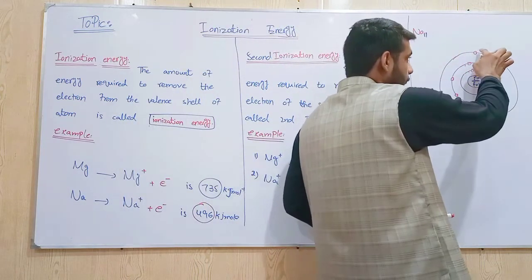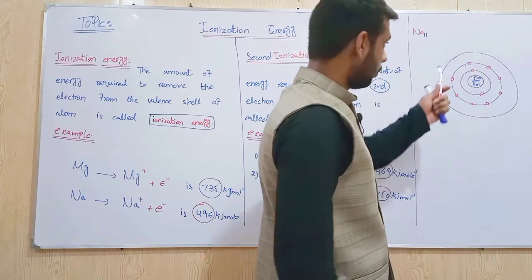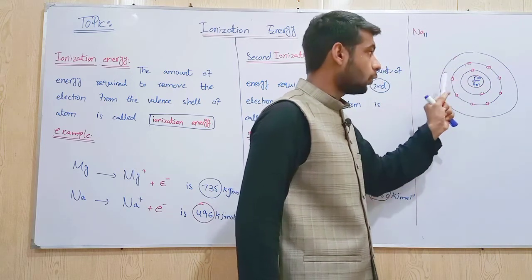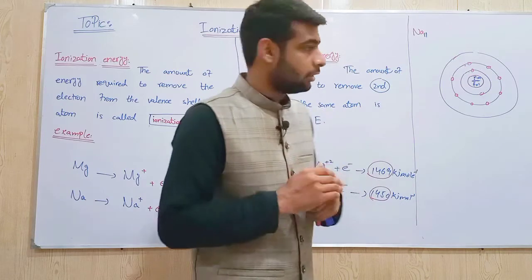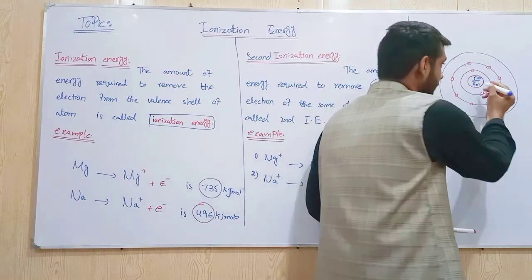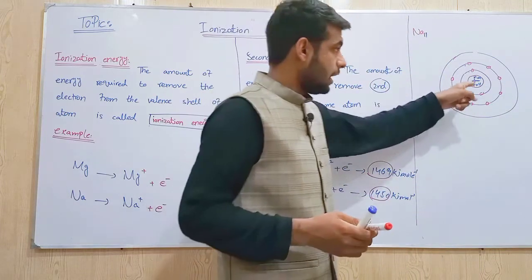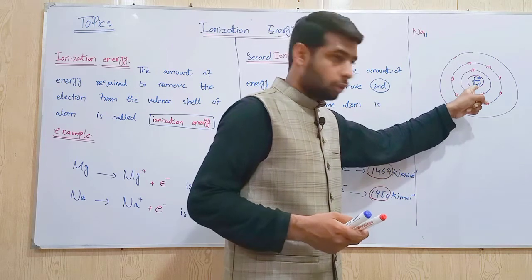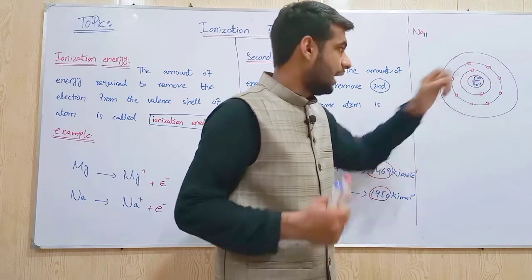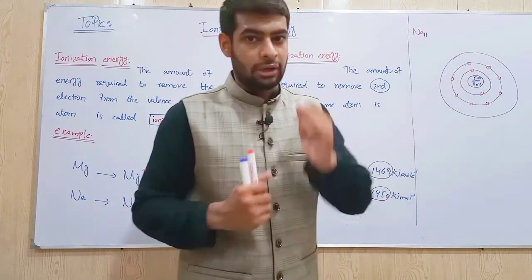Now if we remove 1 electron from this valence shell, we see that the remaining electrons are 10, but the protons and neutrons stay the same: protons are 11 and neutrons are 11, but the electrons are 10.